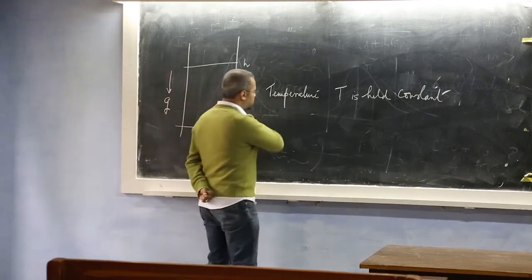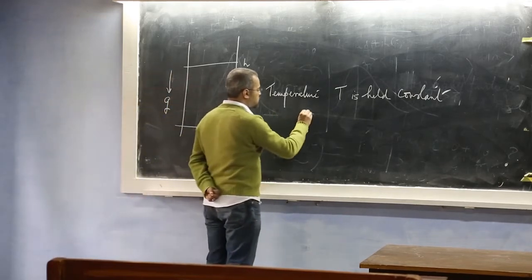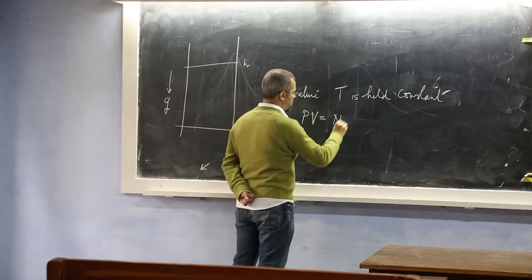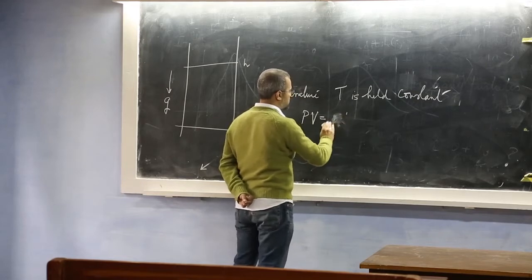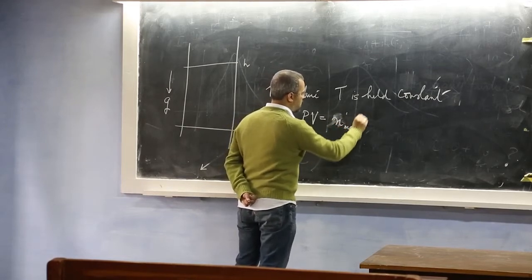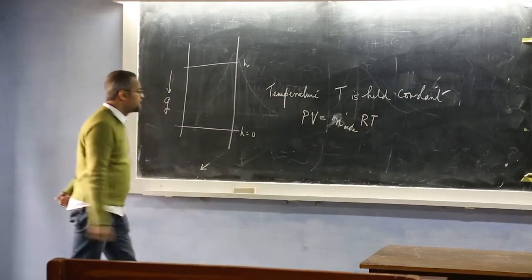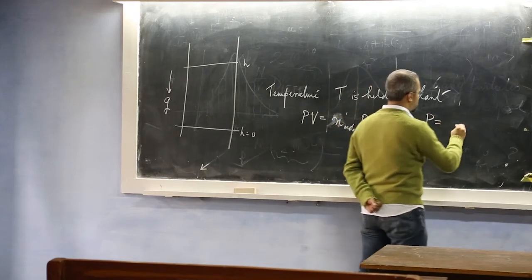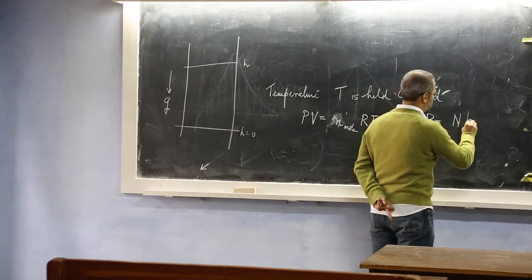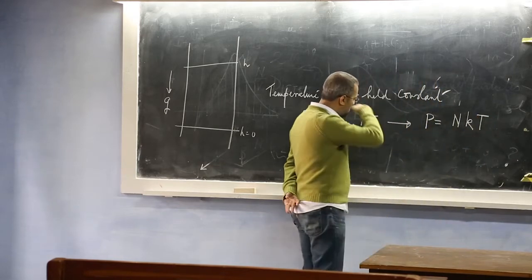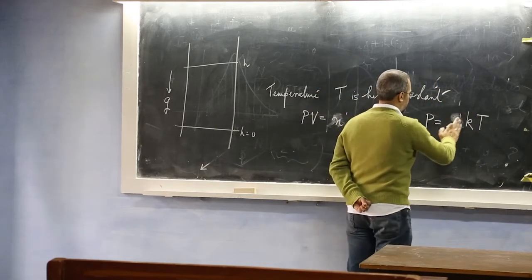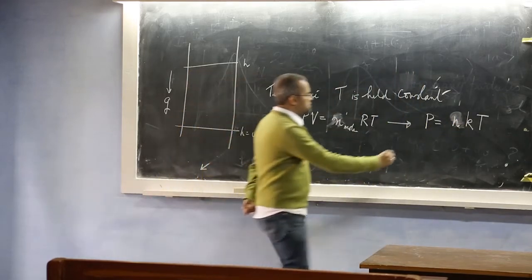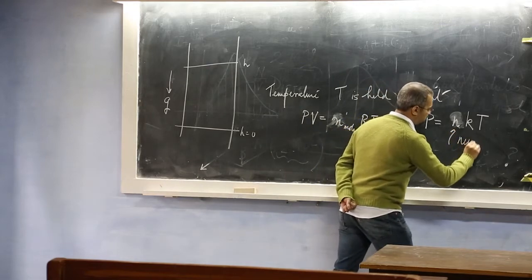The second assumption is that the gas that is here is an ideal gas, so it obeys PV equals nRT, which is also the same as saying that P equals nkT, where n is now the number density.